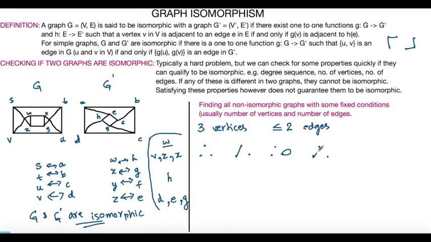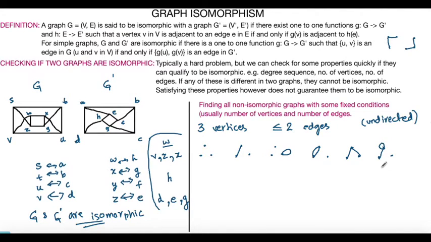Okay, so 2 edges can be like this. Now we are talking about undirected graphs here. Okay, so this is one version. Then one is this one. Then one is this one.